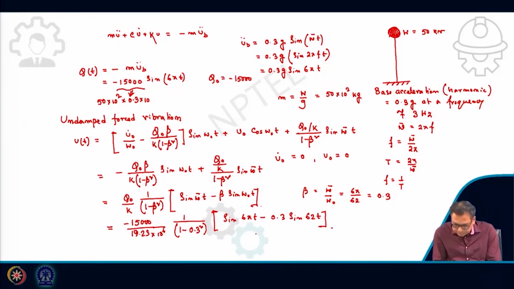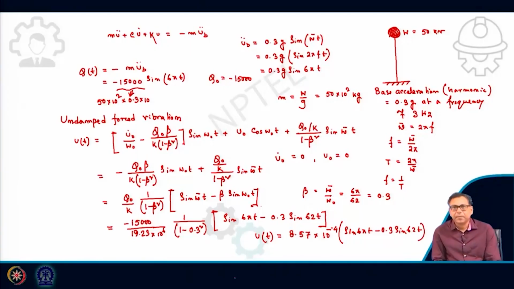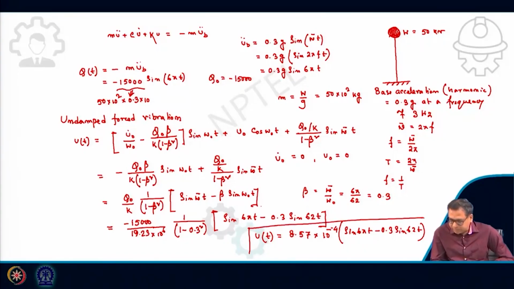If I further simplify, u(t) will be equal to 8.57 into 10 to the power minus 4 into sine 6 pi t minus 0.3 sine 62t. So this is my final expression for the problem.